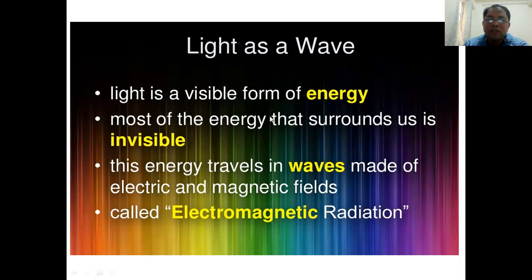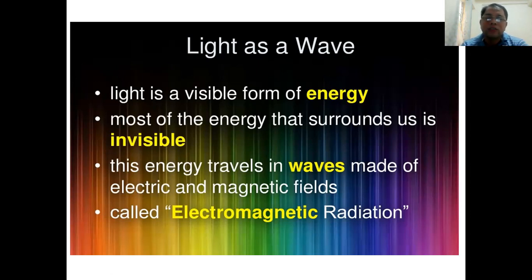So light is a visible form of energy. Usually energy, we can feel it and we can use it, like electrical energy. But this form of energy we can actually see with our eye, especially the portion of the white light or the visible light.